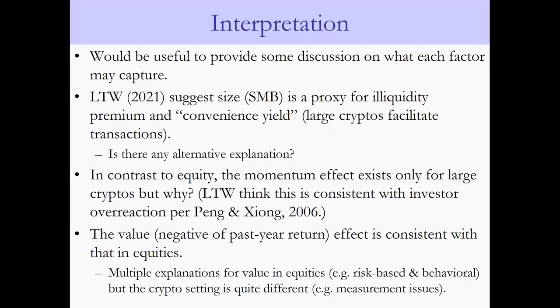For instance, how do we measure value, right? In the traditional sense, in the sense of market over book, can we do a similar measurement like that? Which is not very clear.